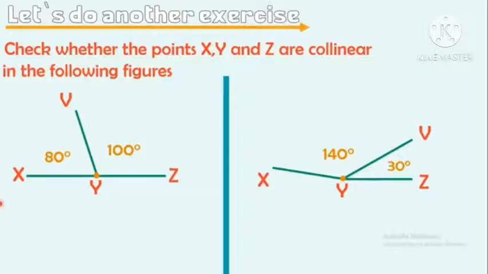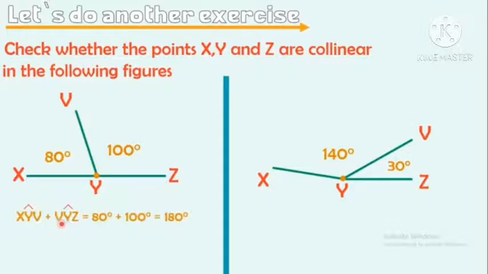Add the two angles. So you add 80 plus 100. Do they give us 180 degrees? 80 plus 100 degrees will give me 180 degrees. So XYZ is 180 degrees.